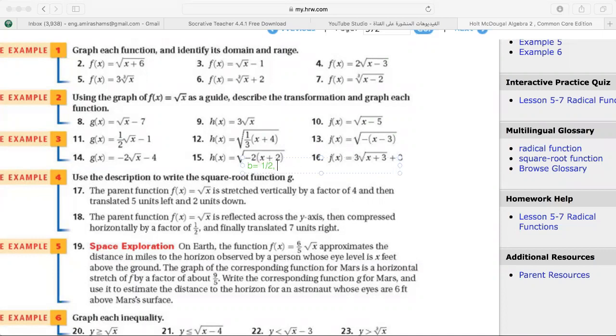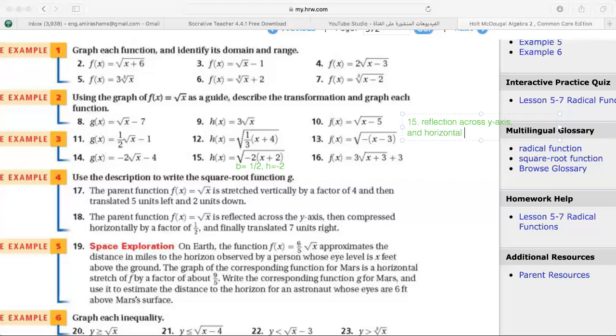And I have also x plus 2. So h here is equal to opposite of the sign, so it is equal to negative 2. So if I want to write here number 15, I will write it like this. 15 is equal to reflection across y-axis and horizontal, now the factor is half.